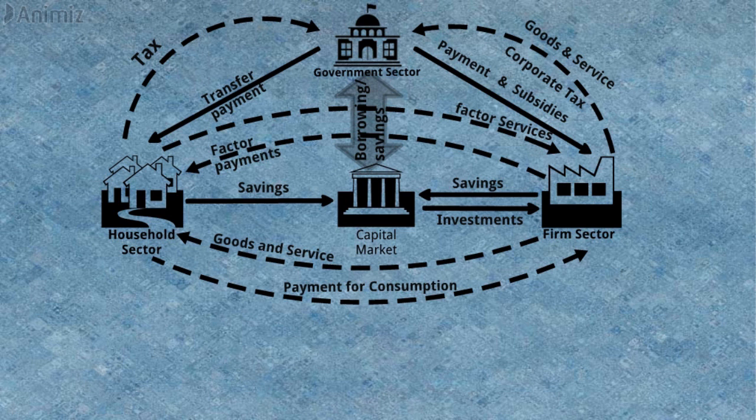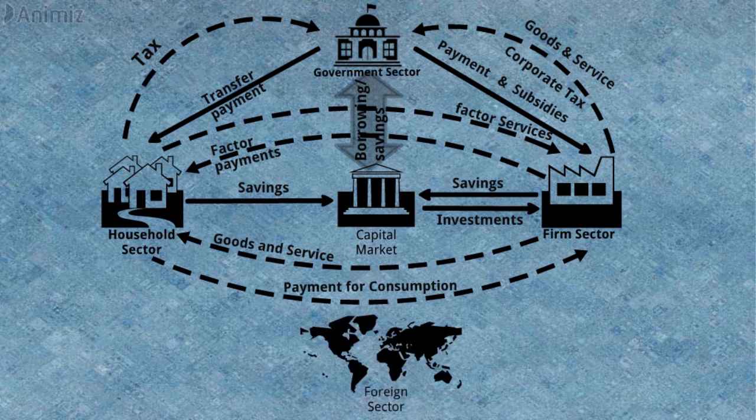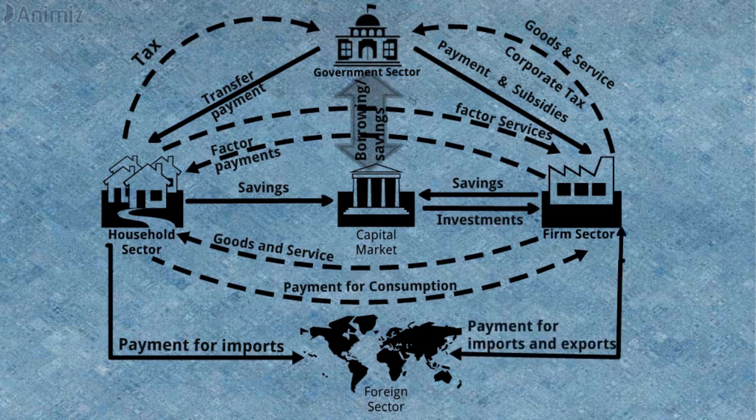Now let's bring our final sector, which is foreign sector, into the economy. So household sector can import goods or services from foreign sector and make payment in return. Likewise, firm sector also imports and exports goods and services with the foreign sector, and in return they will receive or make payment for it. Foreign sector also interacts with the government sector.